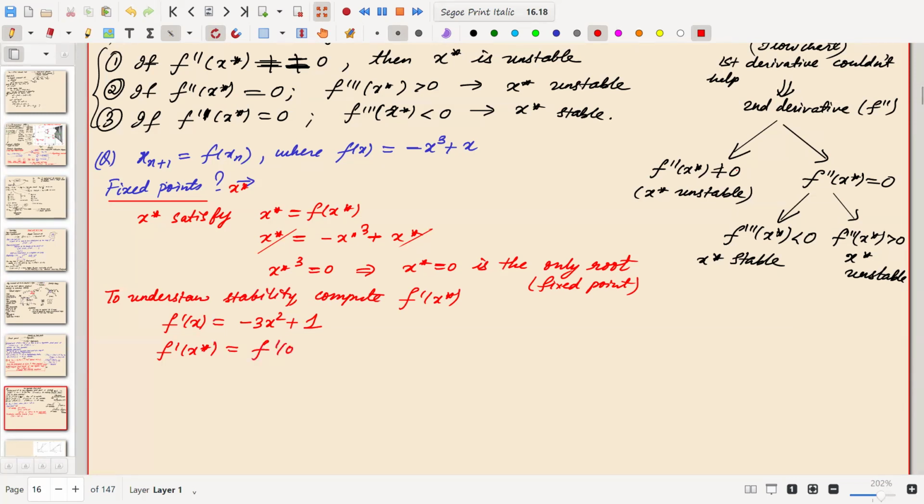It is f prime of 0, that is equal to minus 3 times 0 square plus 1. This is 1. Now this implies that x star equal to 0 is which type of fixed point? Yes, a non-hyperbolic fixed point.